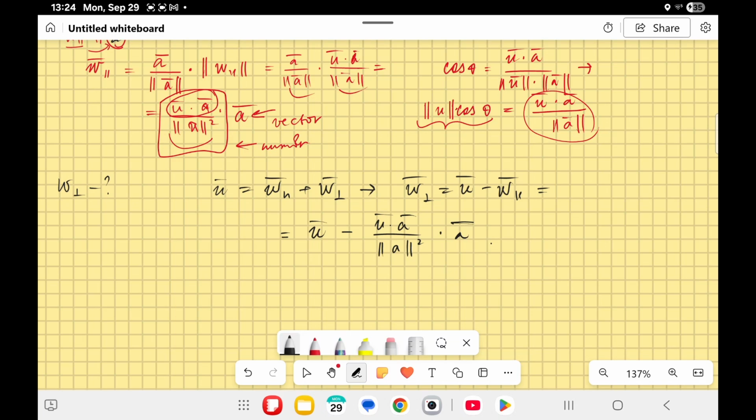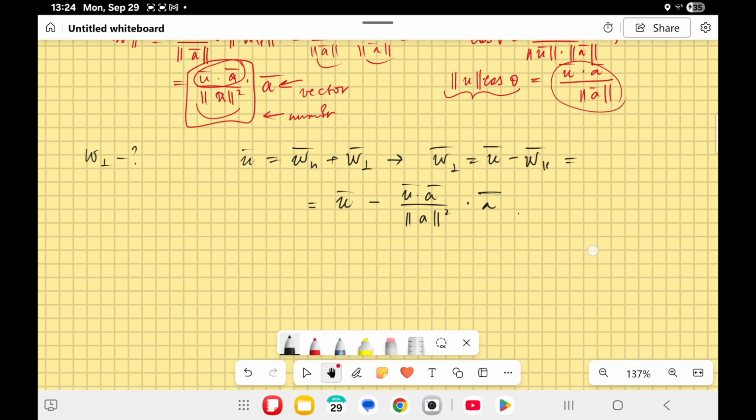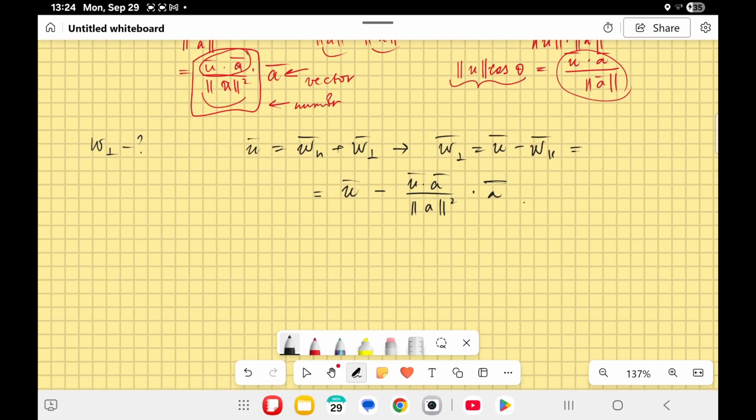Let's write it down some other way. In the book, guys, they can also use the next notation for parallel projection. They're going to call it projection along vector A of vector U. For orthogonal projection, they are going to put orthogonal.